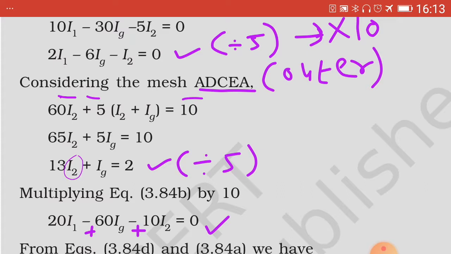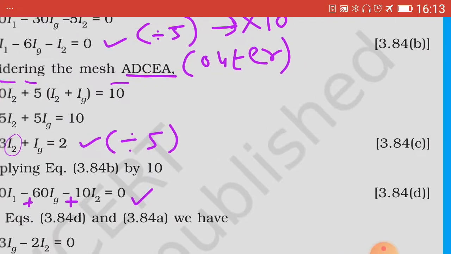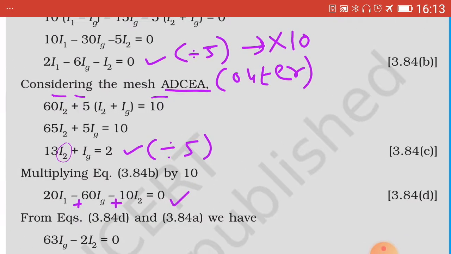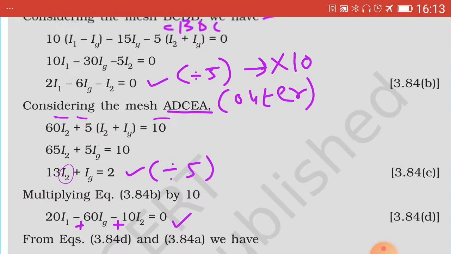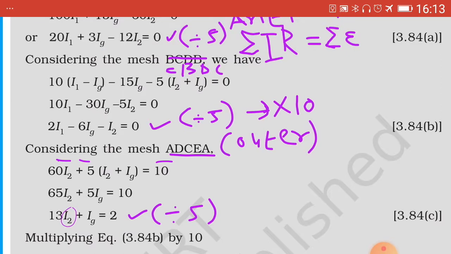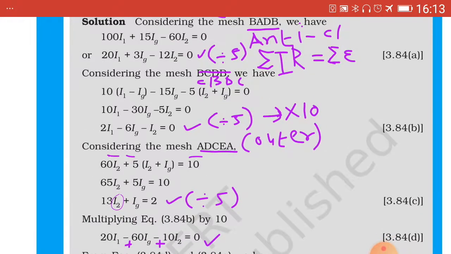This equation is labeled as equation 3.84D, and the other is equation 3.84A.